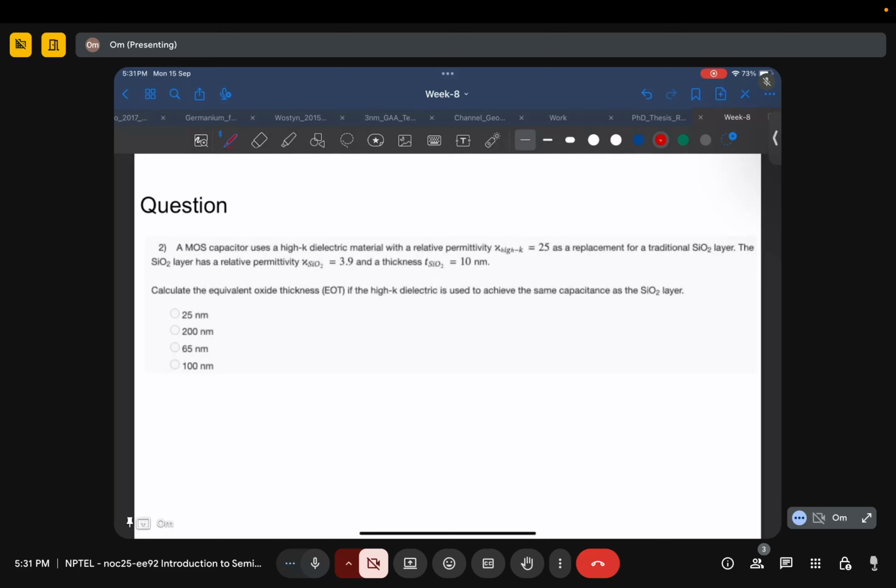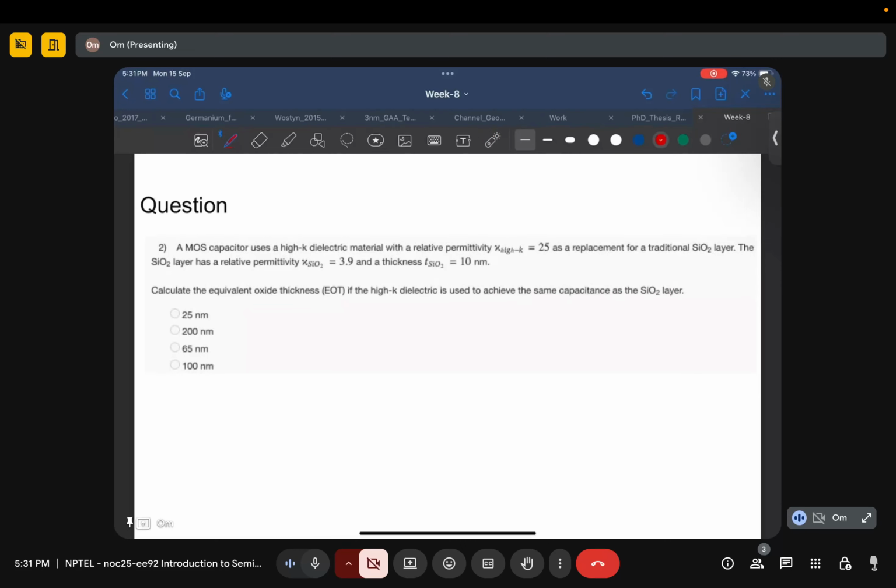Okay, so let us see how to solve this question. We need to calculate the equivalent oxide thickness to achieve the same capacitance as the SiO2 layer.